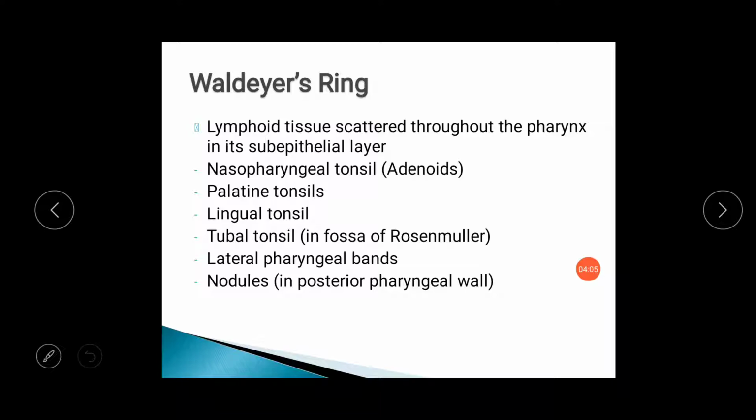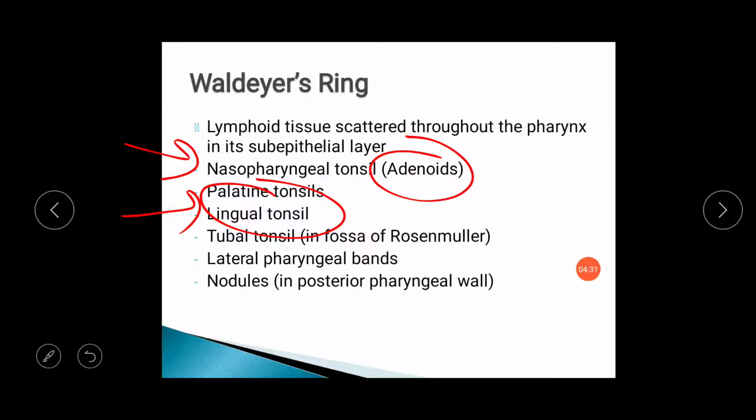Waldeyer's ring. This is lymphoid tissue surrounding the nasopharyngeal and pharyngeal area, present in the submucosal or subepithelial layer. The nasopharyngeal tonsil, which is known as the adenoid, is situated in the nasopharynx. The palatine tonsil and lingual tonsil are situated in the oropharynx.